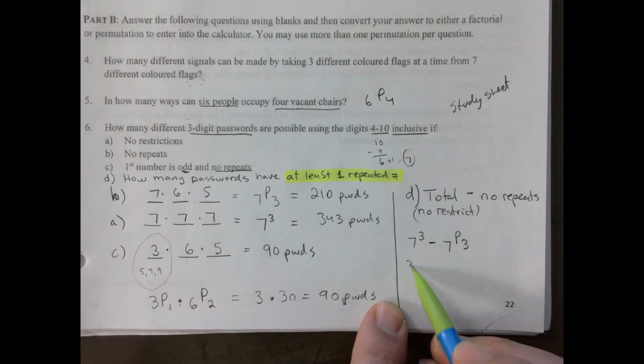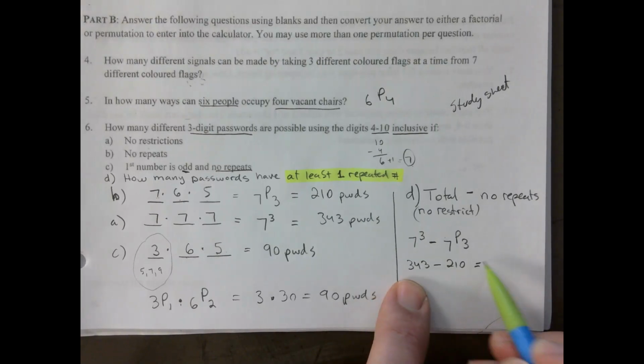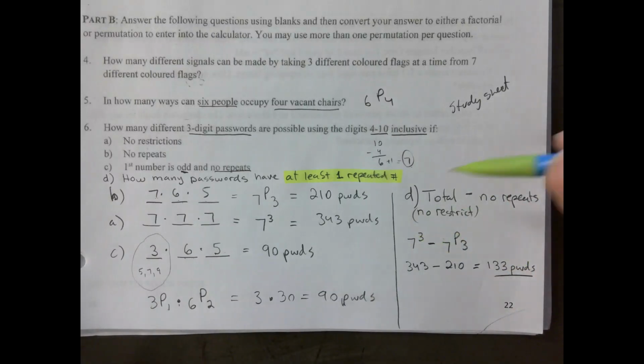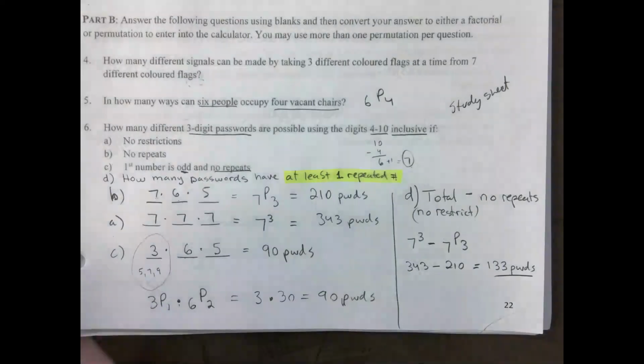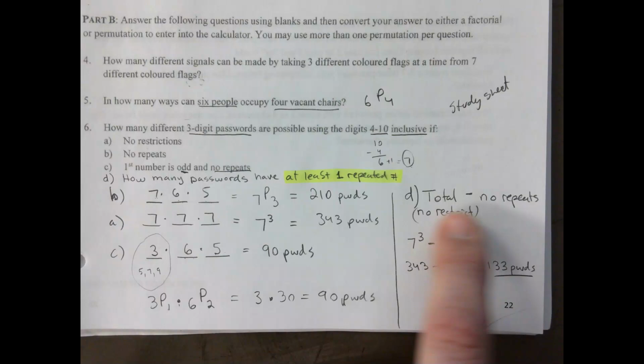So we know that this is 343 minus 210, and that would be 133 passwords. So there's 133 passwords that would have at least one repeated digit in it. Okay. And we use indirect reasoning for that. So whenever you see the at least, can you maybe add this to your study sheet?